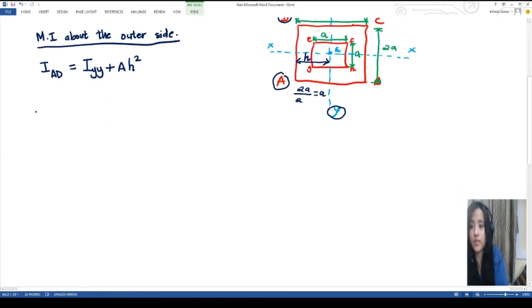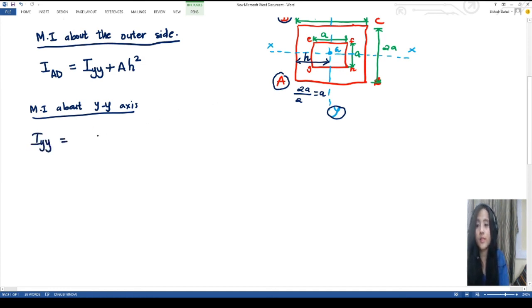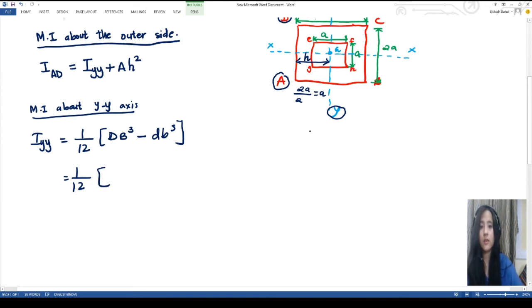First, let us find moment of inertia about y axis, right? So if I find moment of inertia about I y, it will be equal to, for a hollow square section, 1 by 12 (db cube minus small db cube), right? So how much is my d for this section?